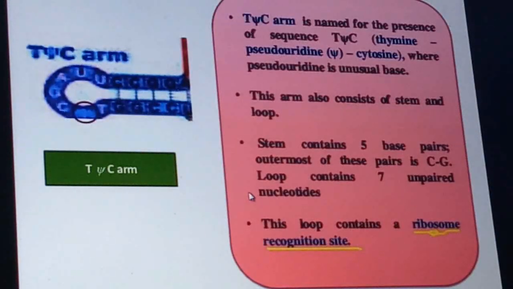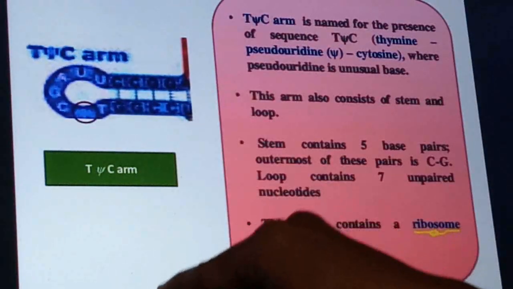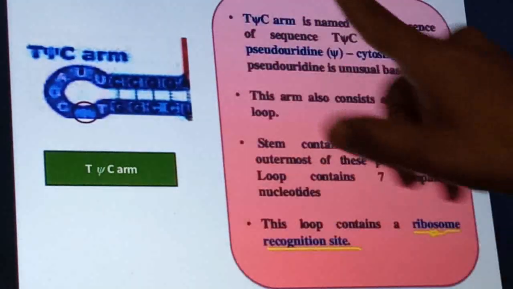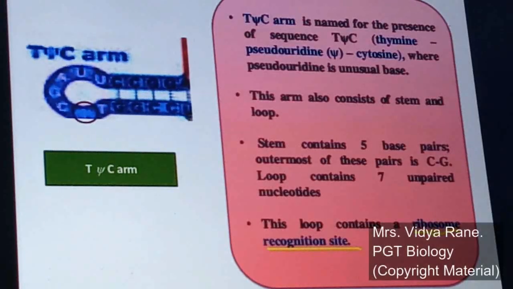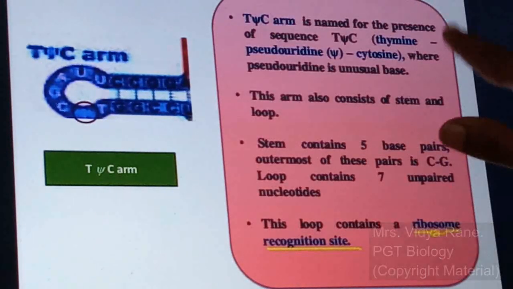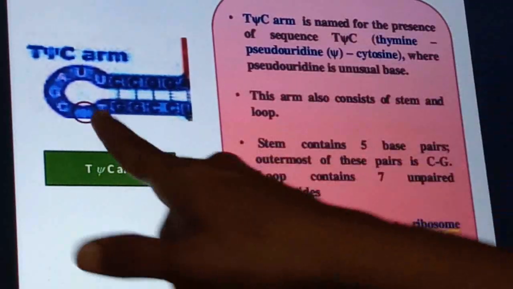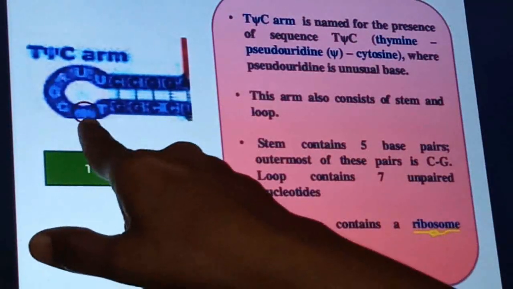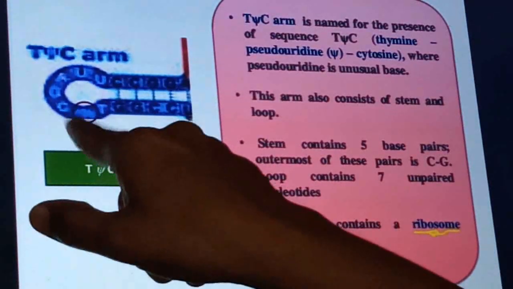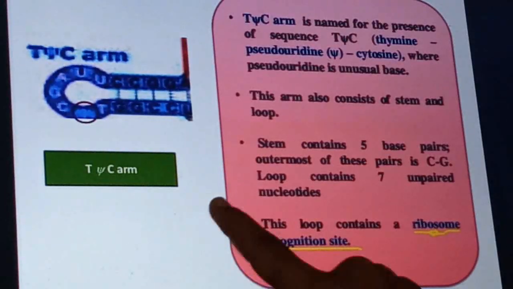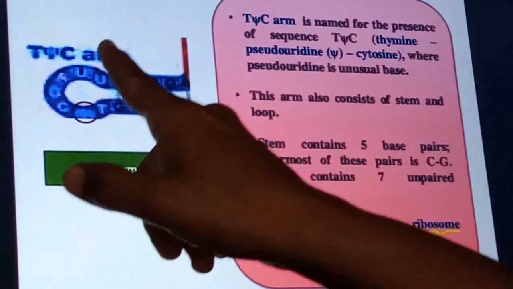The next loop is the T loop or TψCR. Why is it named so? Because it has a sequence of thymine, pseudouridine, that is Psi, and cytosine. Here you can see thymine, pseudouridine and cytosine. Because of this sequence, it is named TψCR. This also has a stem and loop.